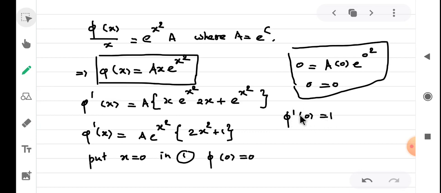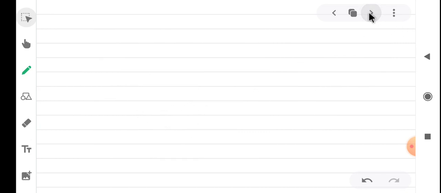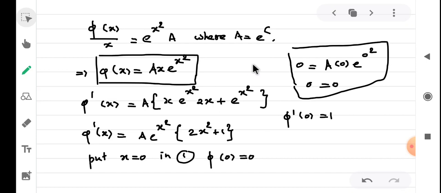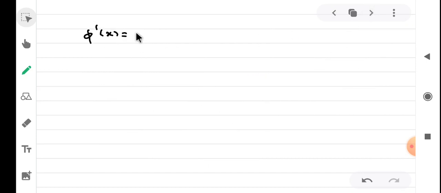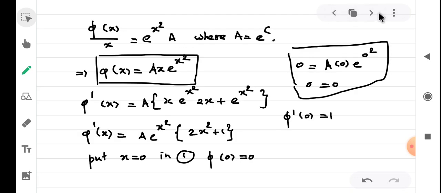Use this phi dash of 0 equals to 1 here. So here I need to put x equals to 0. Here I will get phi dash of x is equal to a into e power x square into 2x square plus 1.